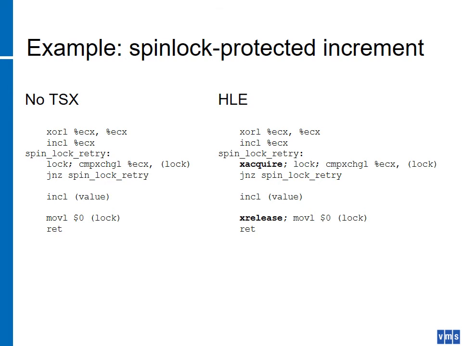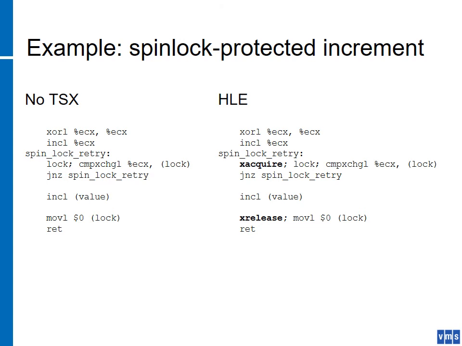If it can acquire the lock, it will simply go through there, but it won't actually write the new lock value to memory. It will only write it to its local cache, which is much quicker. It will then increment the value, same thing, and it will release it. It will move a 0 into its cache line. It will recognize, hey, that's the original value. Basically, we've done nothing with that lock, and it will only increment that value in memory atomically and whatever else you did between here, and the whole locking gets kind of ignored.